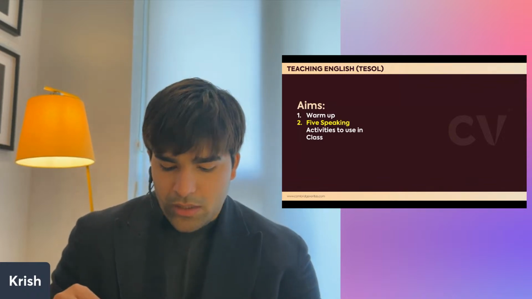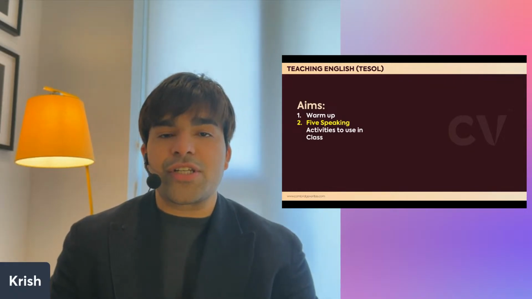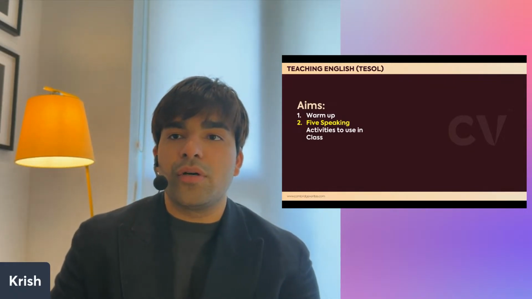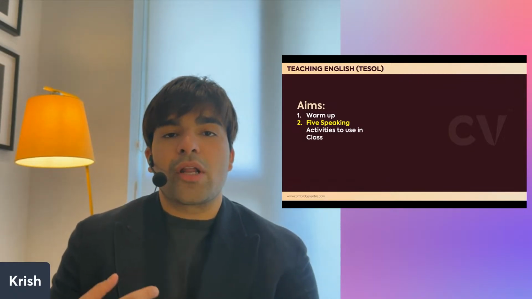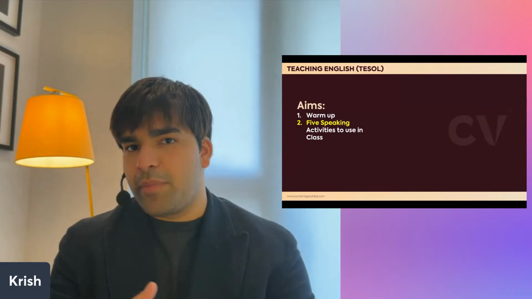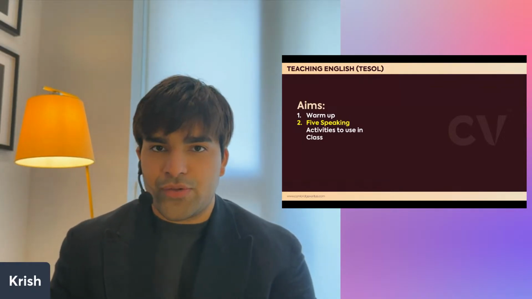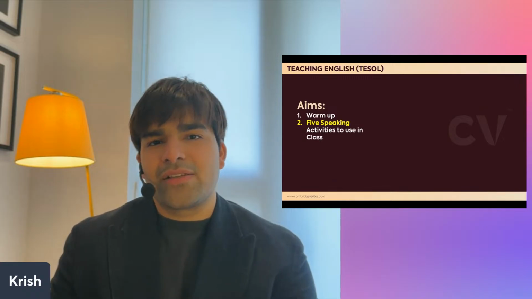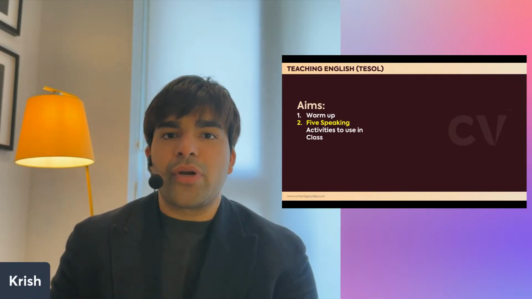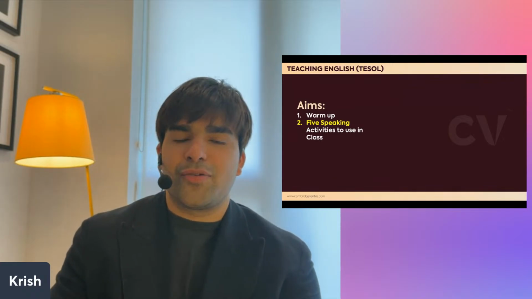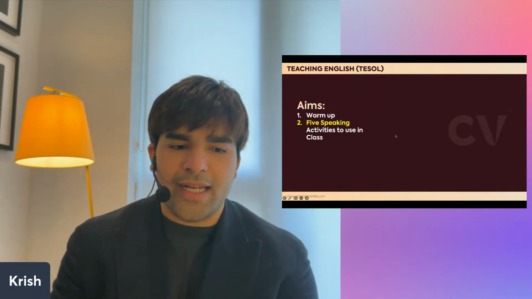Primarily, the difficulty that English teachers face is that their students are not able to use English in the classroom. Everybody's learning English, but they're not able to use English in the classroom. So, what are the kinds of activities that you should bring in to make the class into a chatterbox? And that's what we're going to be looking at today.